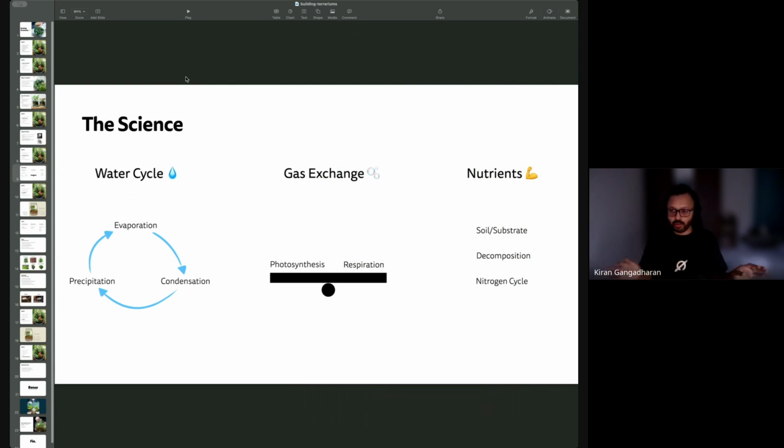Here you don't intervene at all. You let the organisms do their thing, you wait for it to decompose, and then it eventually provides nutrition back to the plants. So these three things are fundamentally what enable terrariums to be self-sustaining.